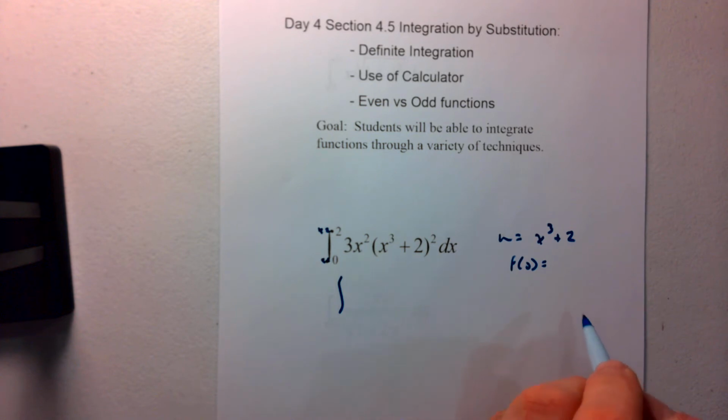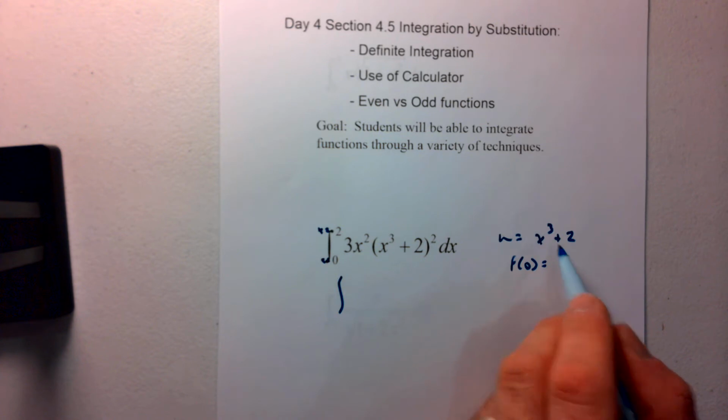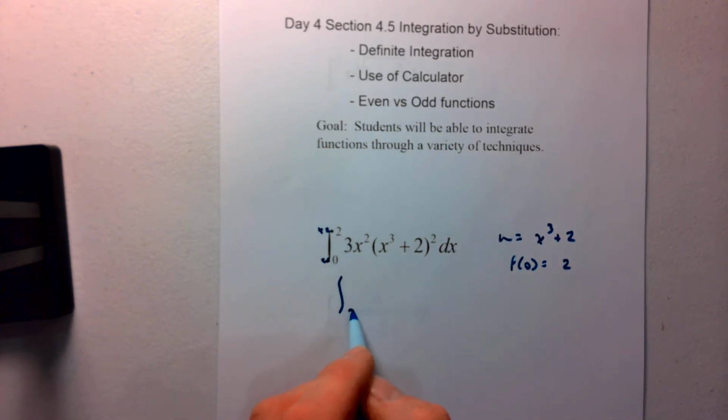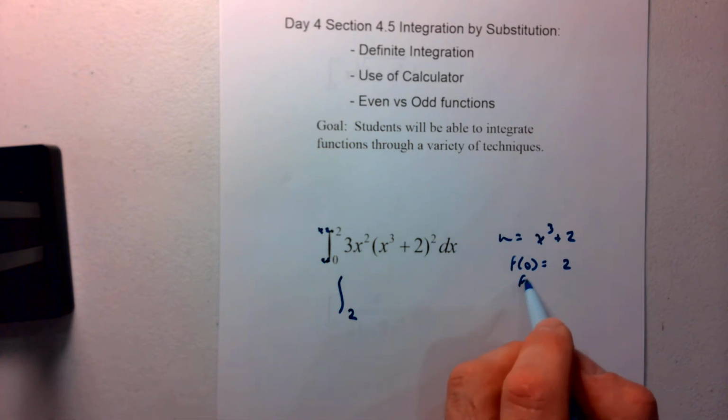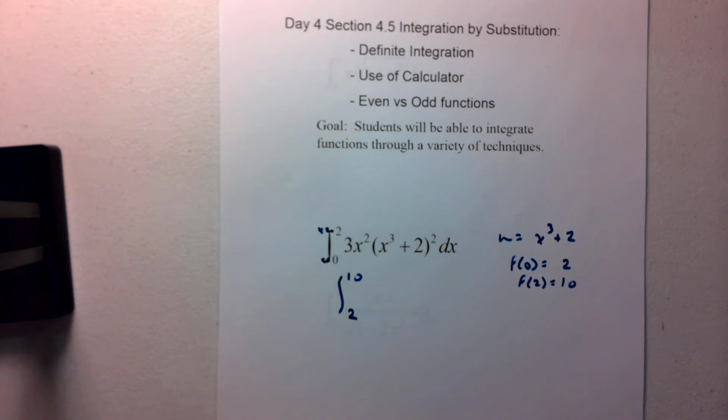If we plug in 0, we would get 2 out. So instead of a 0 there, we would have a 2. And f of 2 would give me 8 plus 2, that is 10. So I could have the integration from 2 to 10.